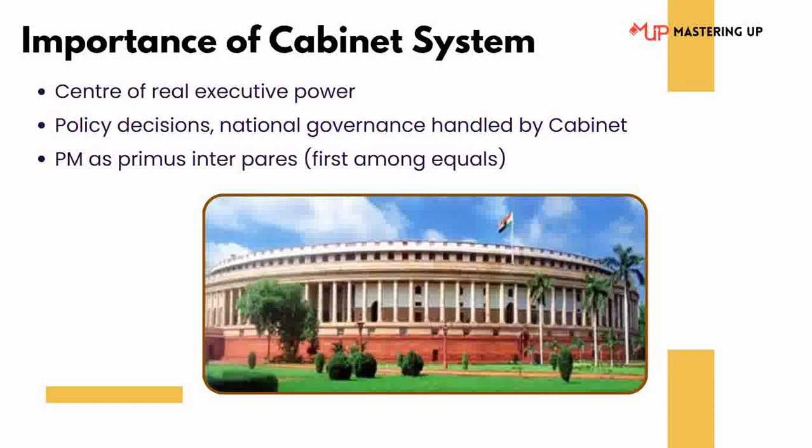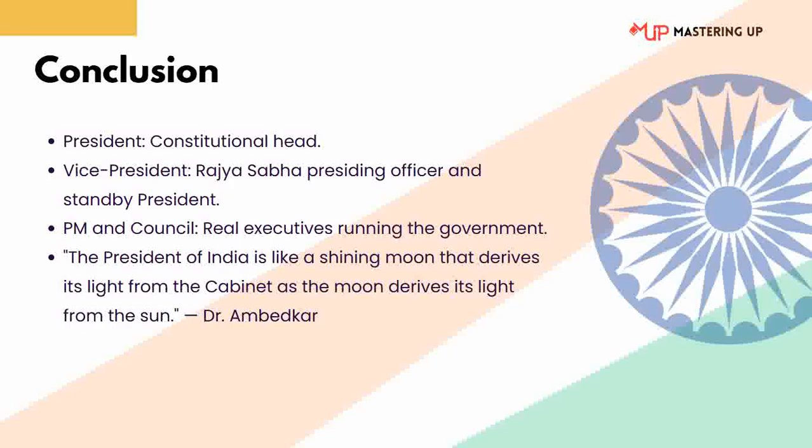Now that we have covered all key figures, let's summarize the roles and relationships among the Union Executive pillars. To summarize, the President is the constitutional head, symbolizing national unity. The Vice President chairs the Rajya Sabha and steps in when needed.